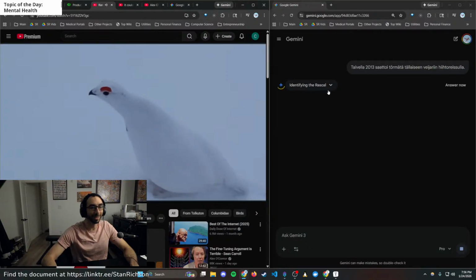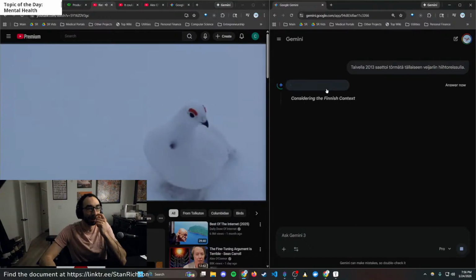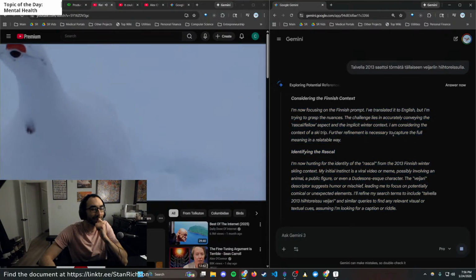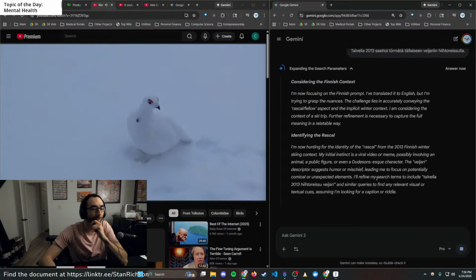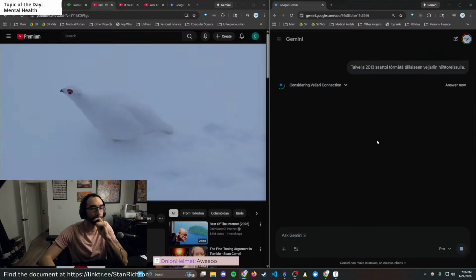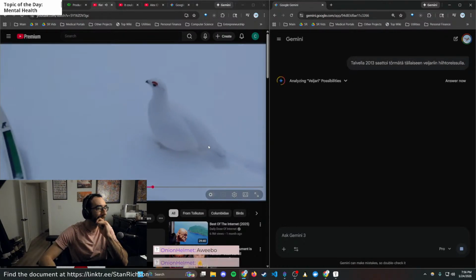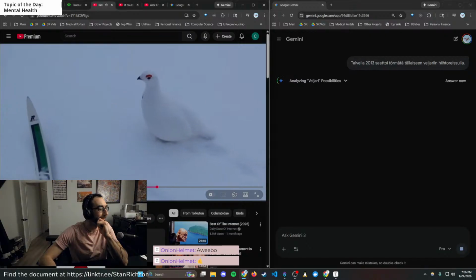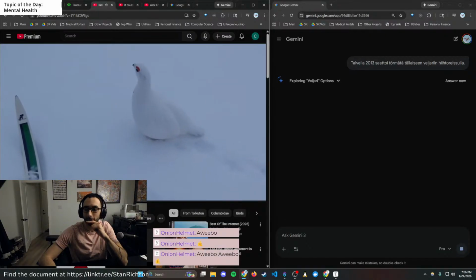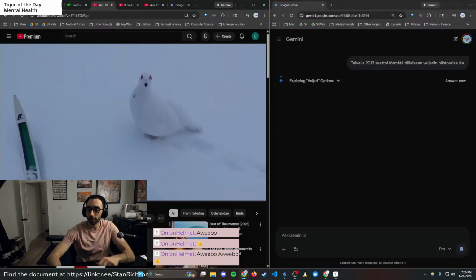Identifying the rascal. What? Oh, so they don't know what it is, right? Is that what this is? They're trying to identify the rascal? Oh, it's a weebo.